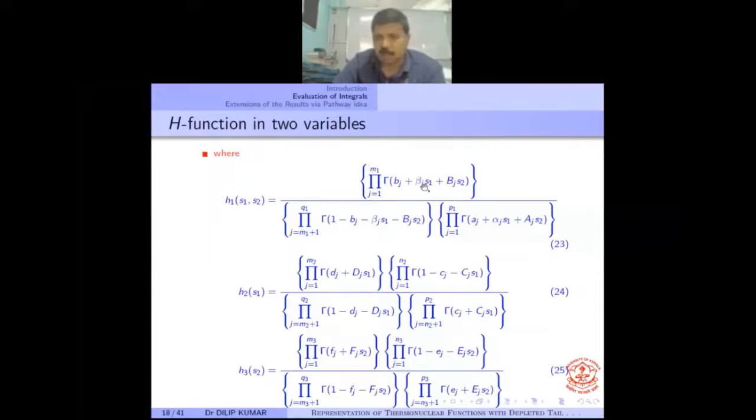M1 is the number of positive gammas in the numerator. And here q1 is the number of positive gammas in the numerator plus the gammas in the denominator. So that is q1. And p1 is the number of negative gammas in the numerator plus the number of positive gammas in the denominator. So p1.